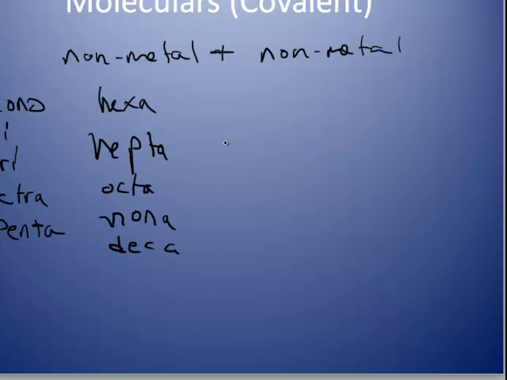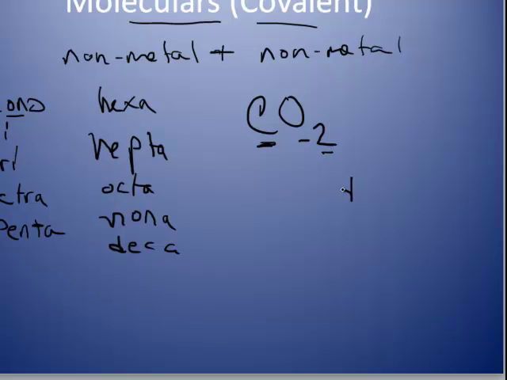So let's take the most common covalent compound, which would be CO2. Again, carbon is a nonmetal, oxygen is a nonmetal. You indicate the number of each element using the prefix. So since we have 1 carbon, well, you would think it would be monocarbon. We've got 2 oxygens, so we know it's going to be dioxide.